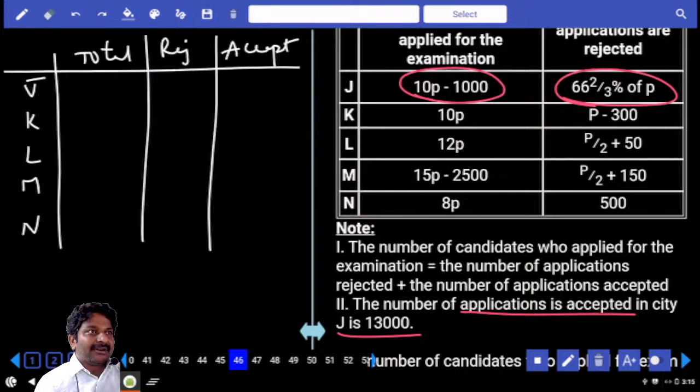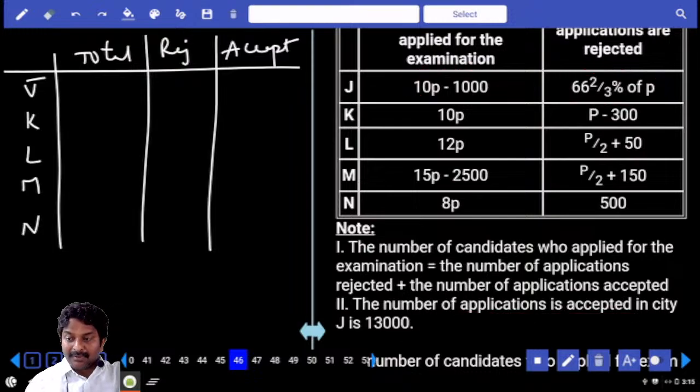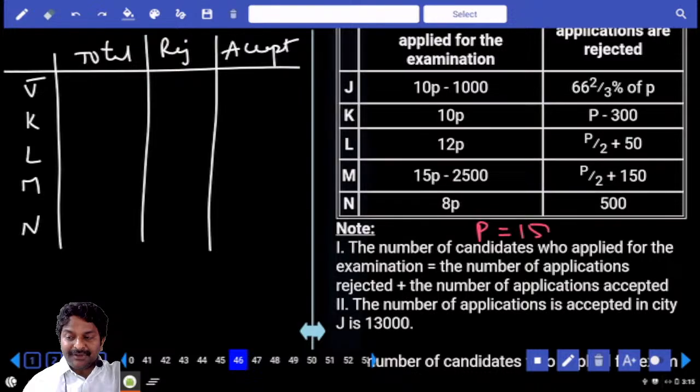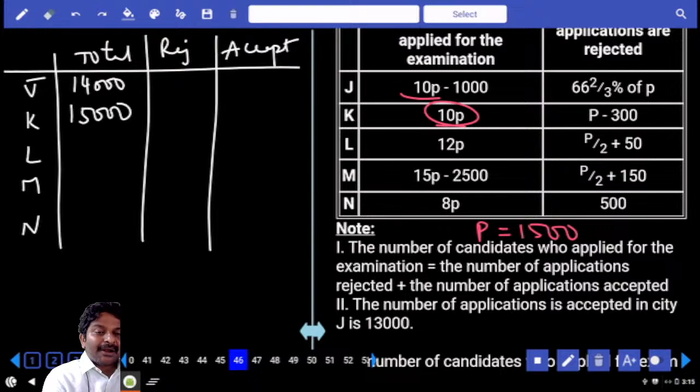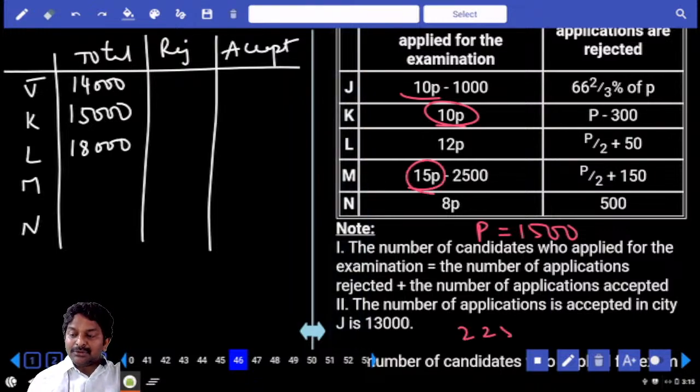Now we can write the table. Are you following? How much is the P value? P is equal to 1500. Let's write. 10 parts, 15,000 minus 1000, 14,000. 10 parts, 15,000. 12 parts, 18,000. 15 parts, 22,500 minus 2,500.